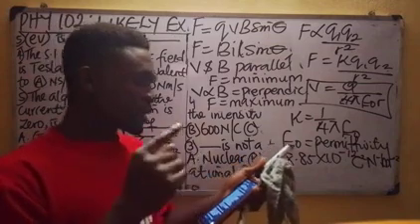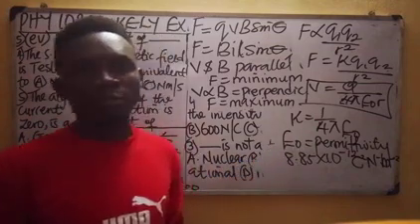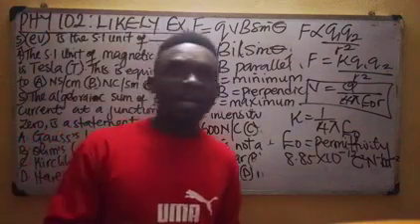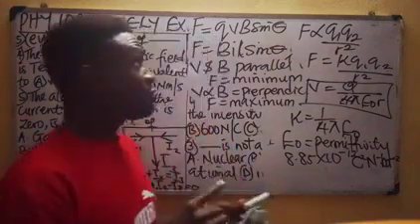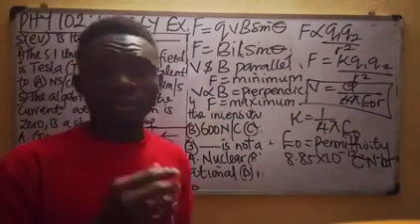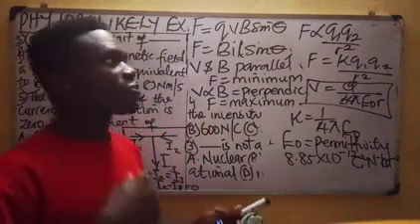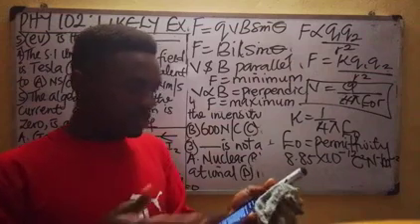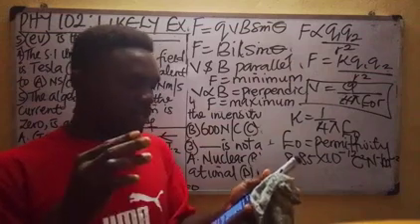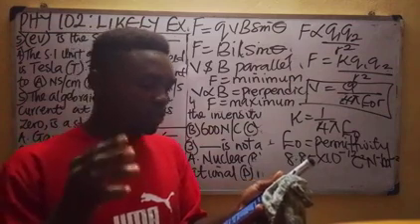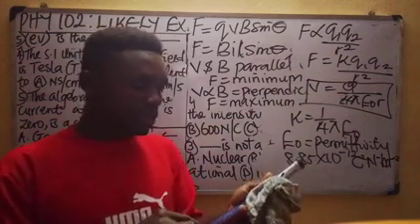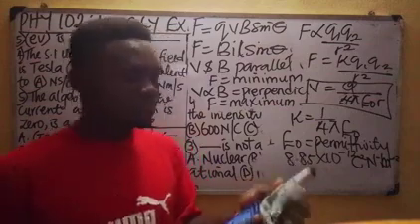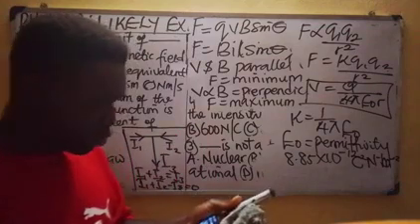And please note that Kirchhoff's current law is governed by the law of conservation of charge. The second law states that the algebraic sum of all potential drops across the passive elements of a closed circuit is equal to the resultant EMF in that circuit. So take note of that.